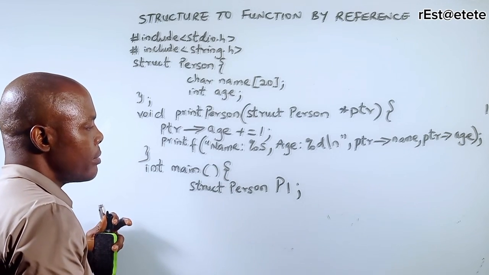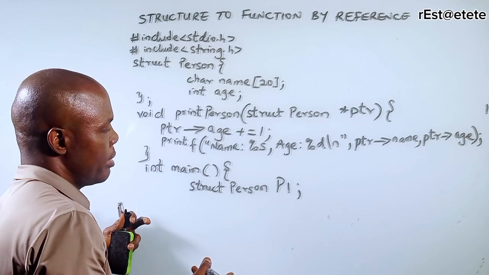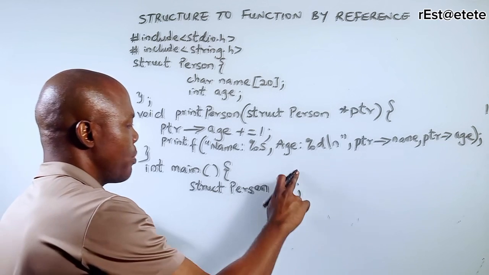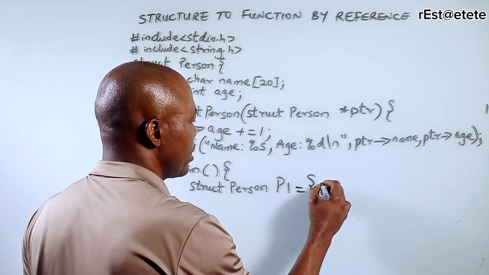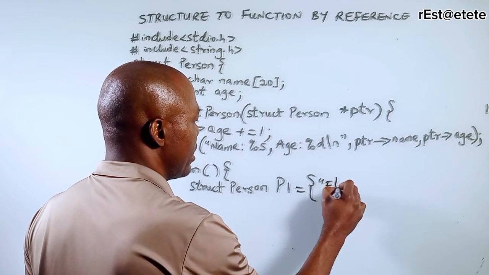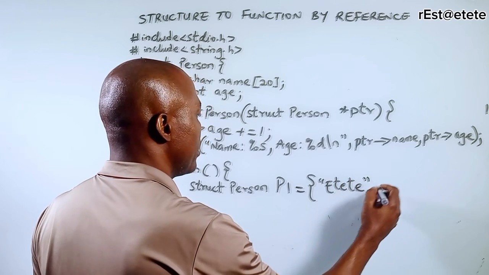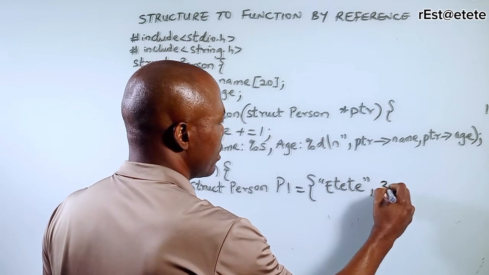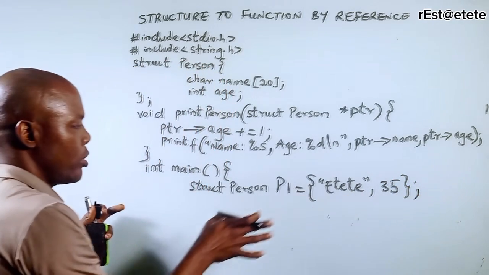For the sake of space, I might probably just do this. I will assign a theta and then 35 for age.